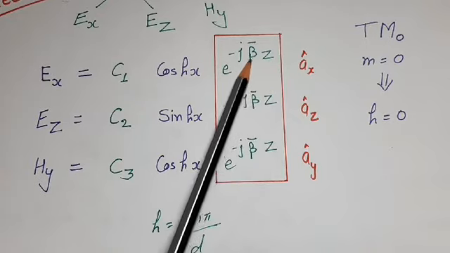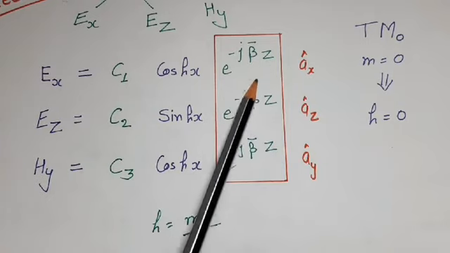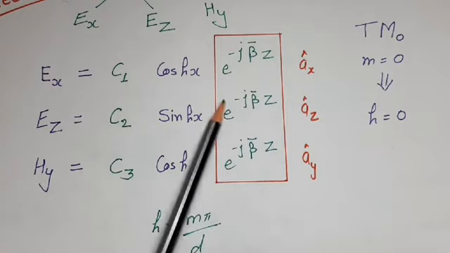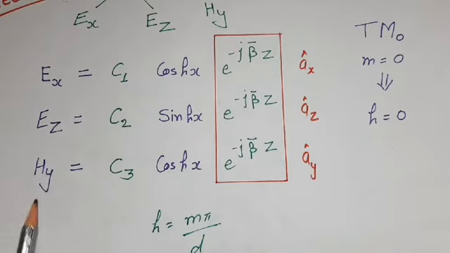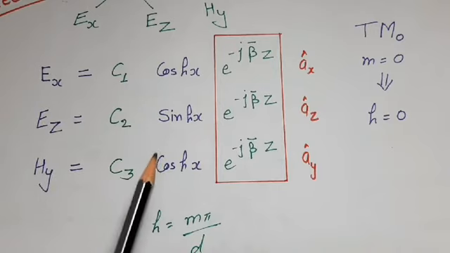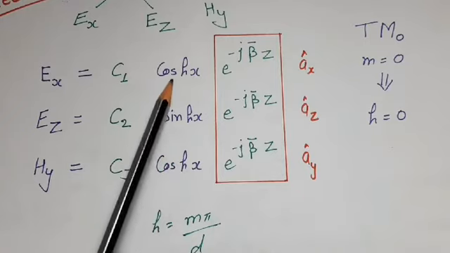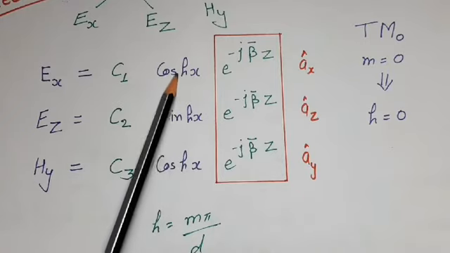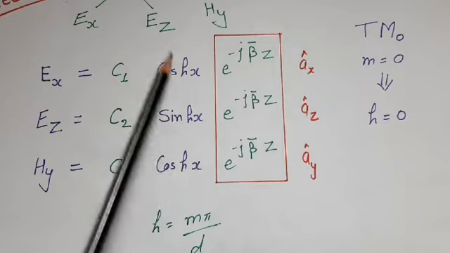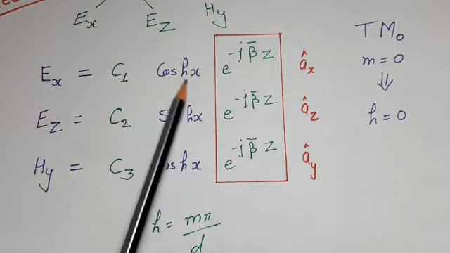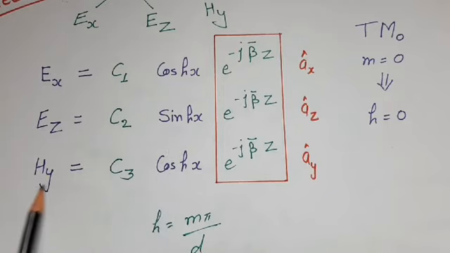So finally we can say that Ex, Ez and Hy are three components in TM mode of propagation where x direction variation is different for different values of m, and that variation is, in case of Ex it is cosine variation, in case of Ez it is sine variation, in case of Hy it is again cosine variation.